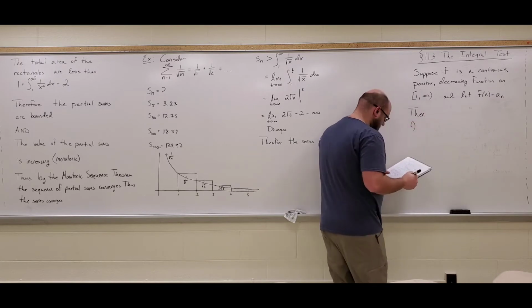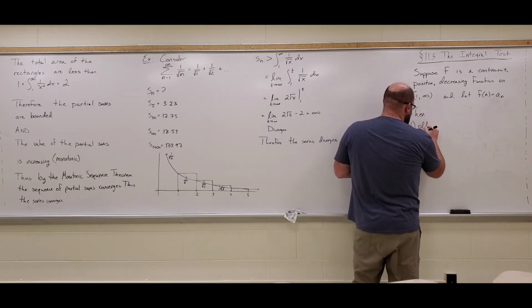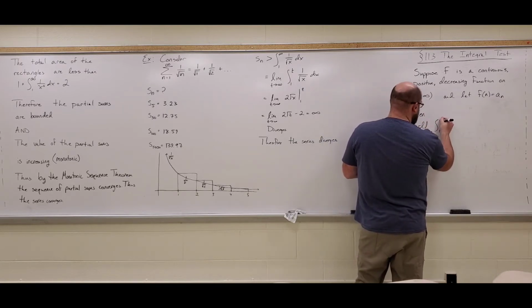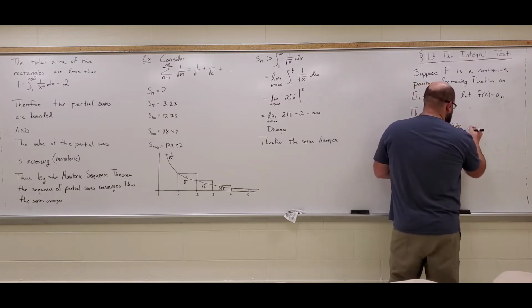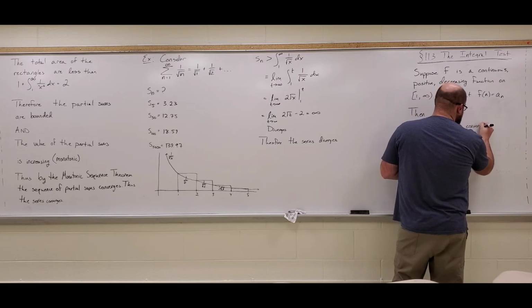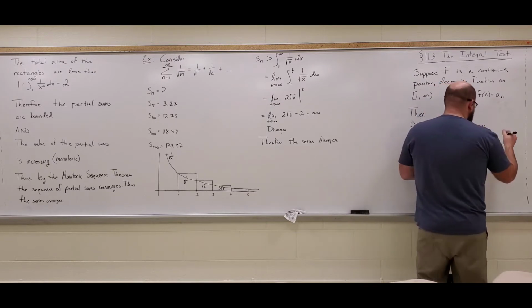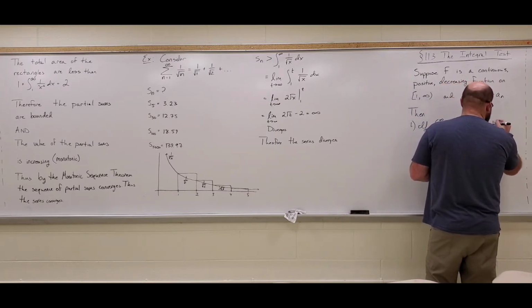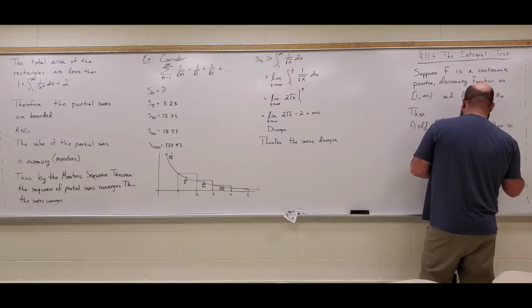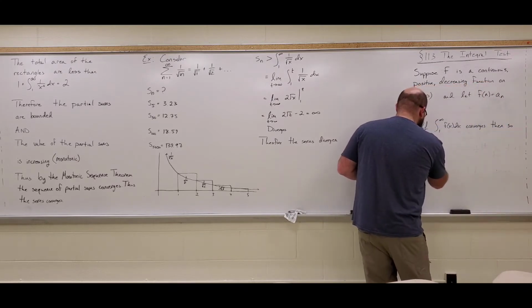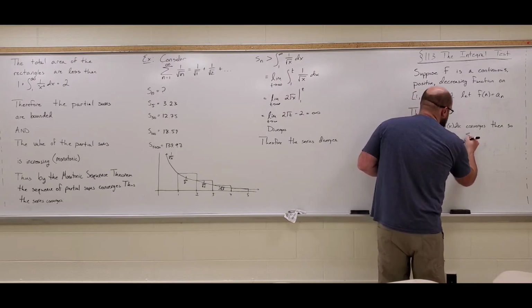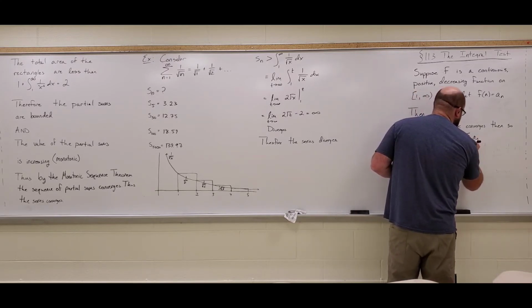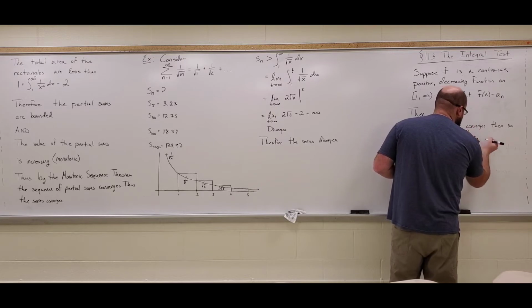Step 1, if the integral from 1 to infinity of f of x dx converges, then so does the series of a sub n as n goes from 1 to infinity.